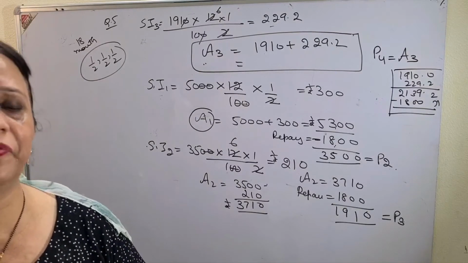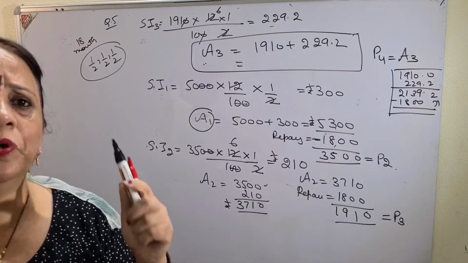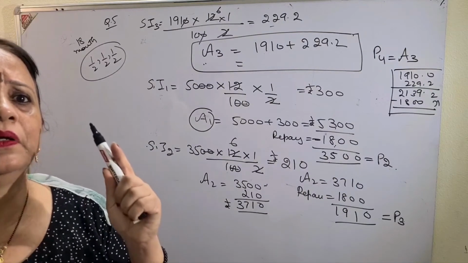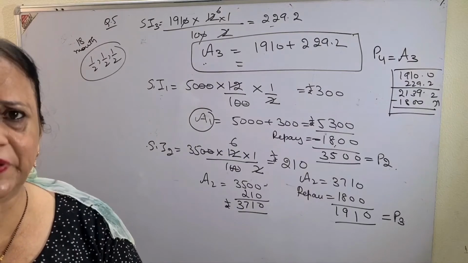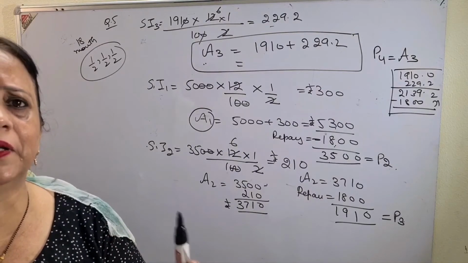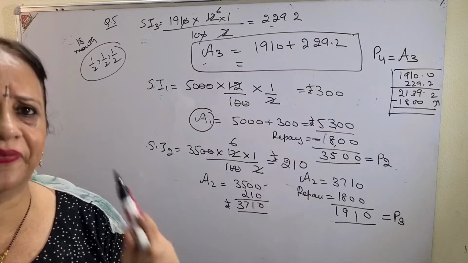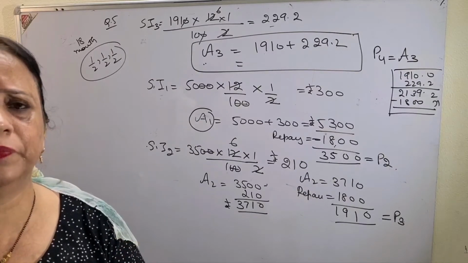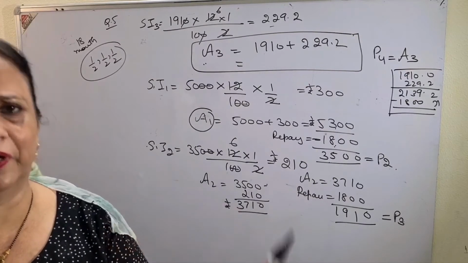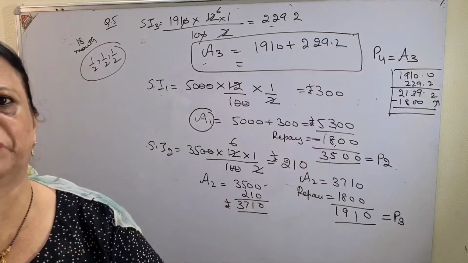That means after getting the amount, you have to minus the 1800 he is already repaying. That will become the principal for the second year.